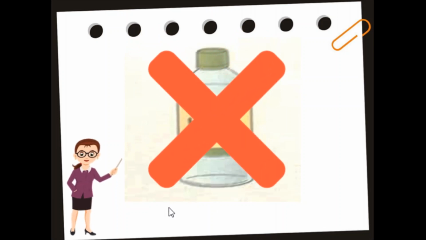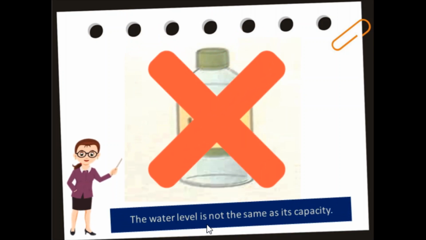The water level is not the same as its capacity, because the bottle ends here but the water is over here, so it's not the same. Can you follow so far?